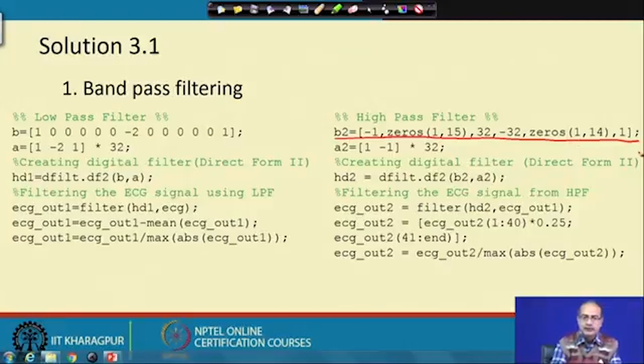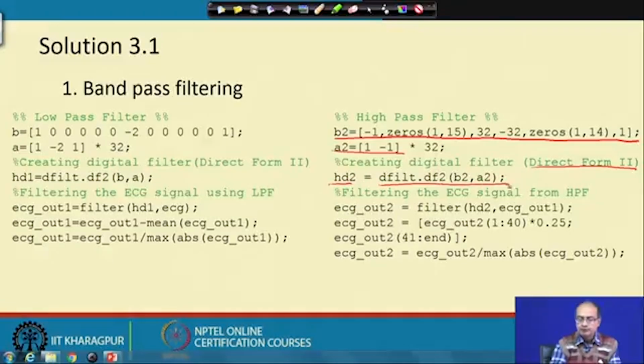That is the overall length of the numerator polynomial, and in the denominator we have just 2 coefficients, and again 1 by 32 is incorporated as a multiplicand in the denominator filter. Again we choose the direct form 2 structure here, and we get the high pass filter HD2.